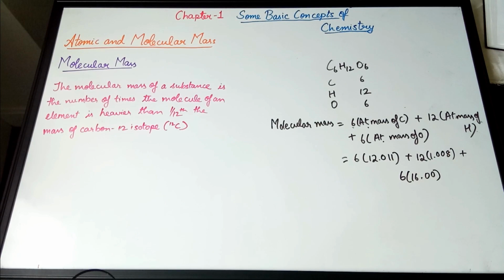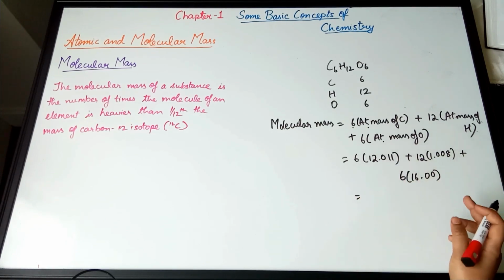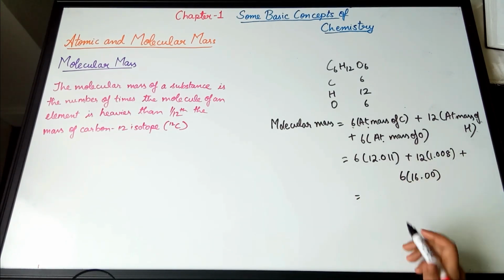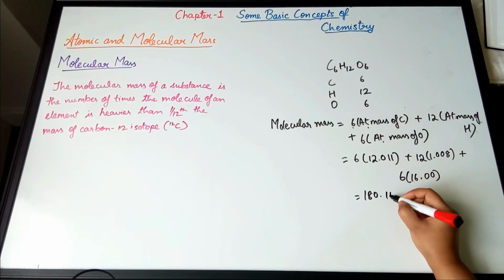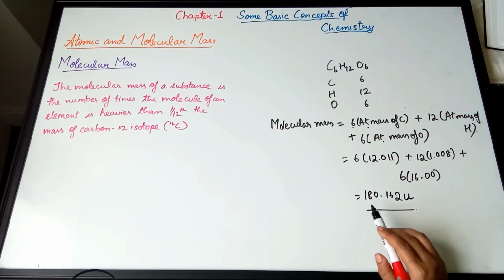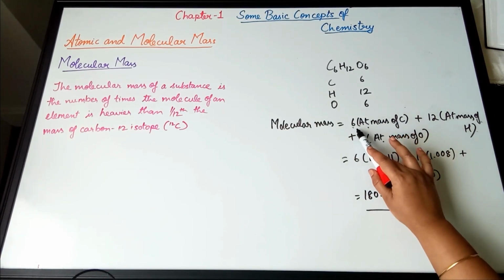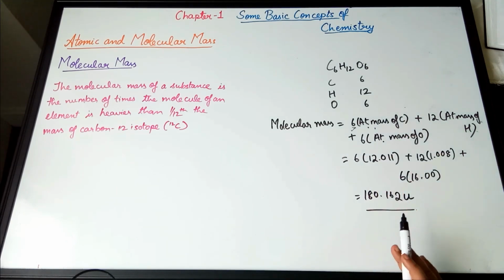When you multiply and then simplify, you will get the answer as 180.162 U. So here what we've done is we basically multiplied the number of atoms into its mass, and that's how we've calculated the molecular mass.